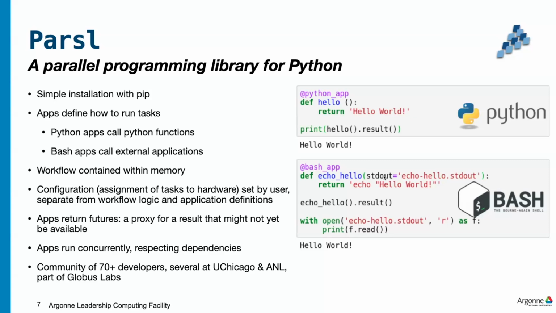But another thing to point out about Parsl, which can be good for portability and also certain kinds of flexibility, is that the description of the workflow, like the apps, the tasks, the dependencies, all of that, exists separate from the configuration. And we'll look at an example configuration, but essentially the configuration describes how tasks are assigned to compute resources, to nodes, to GPUs, to CPUs.